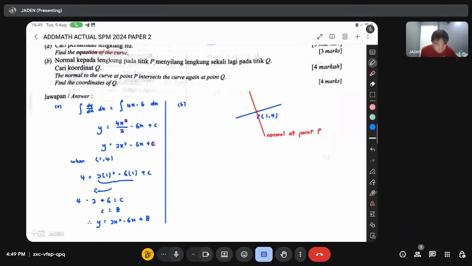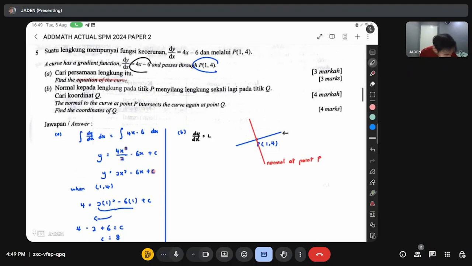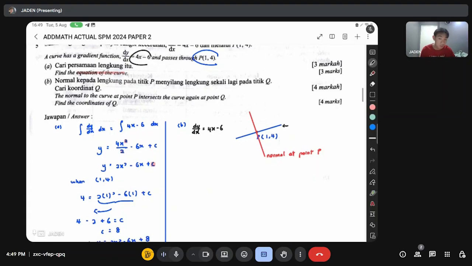Now, with this in mind, how do we get coordinates Q? We start with finding the gradient of the blue line. So how do we do that? We write down dy/dx. The question gave us dy/dx as 4x minus 6, because this is the gradient equation.